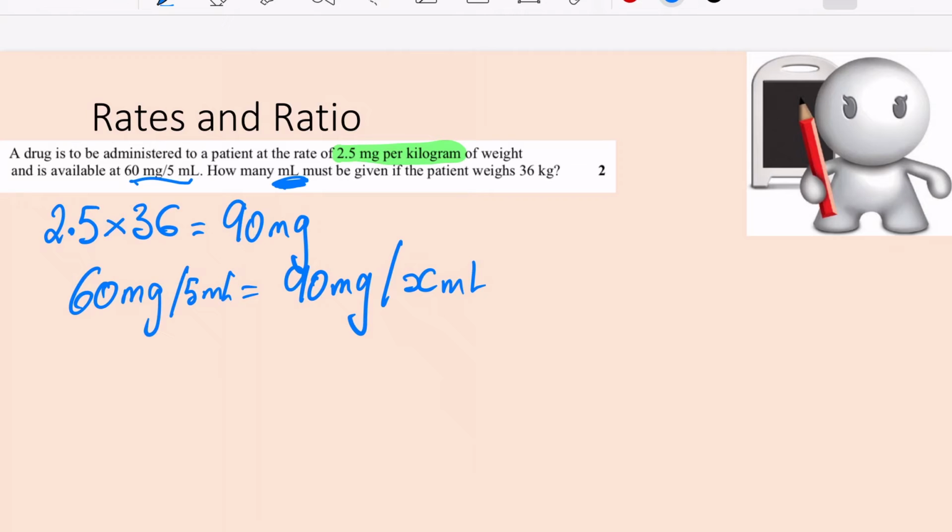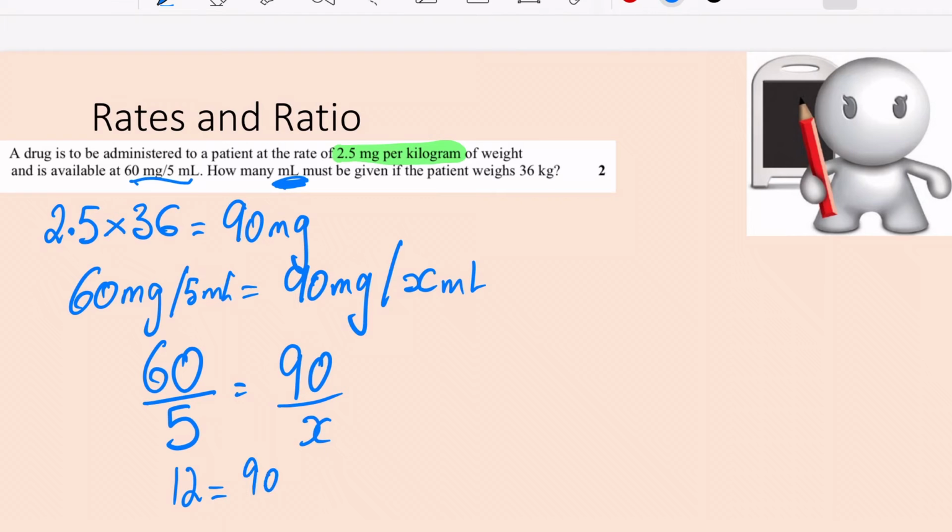Am I comparing the same rate, milligrams to milliliters and milligrams to milliliters? Yes, I am. So 60 over 5 is equal to 90 over x. 60 over 5 comes out to be 12, so 12 equals 90 over x.